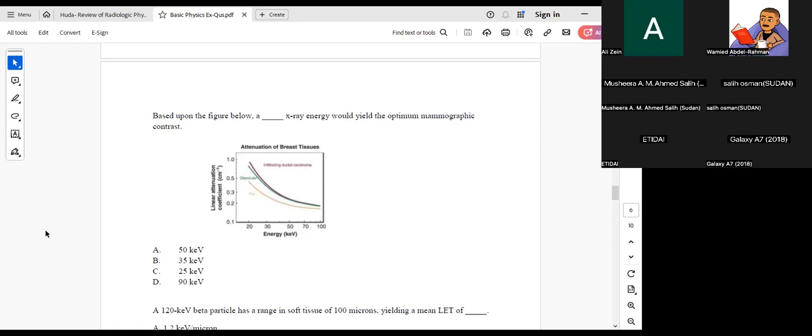Based on the figure, 20 would yield the best contrast between these two compositions, which is where the linear attenuation coefficient difference is highest. So it's going to be 25 kV. For mammography, it's always low energies, 25 or lower, because we want the best contrast. Okay, next.